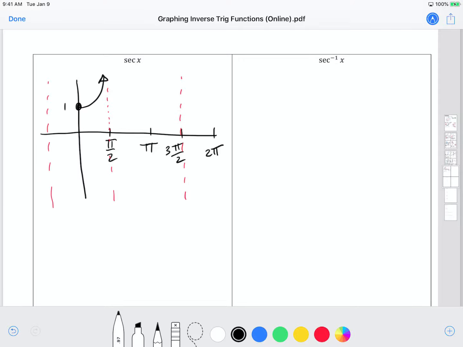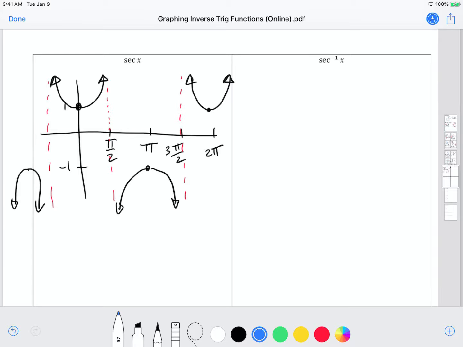This is at 1, this is at -1, and it comes down like this, and then it repeats again. And then it keeps repeating on forever.